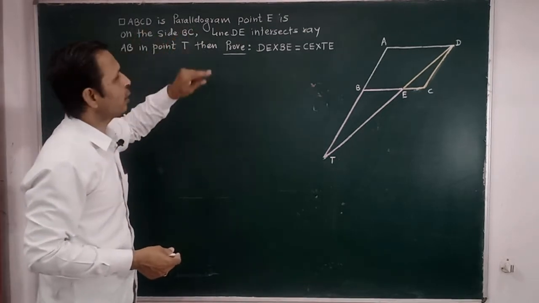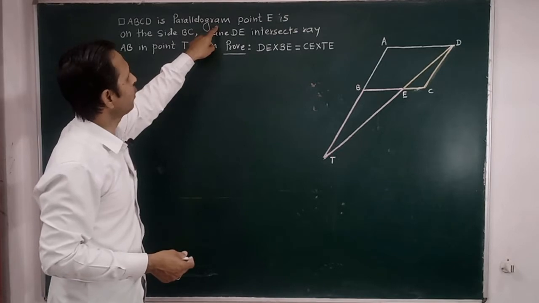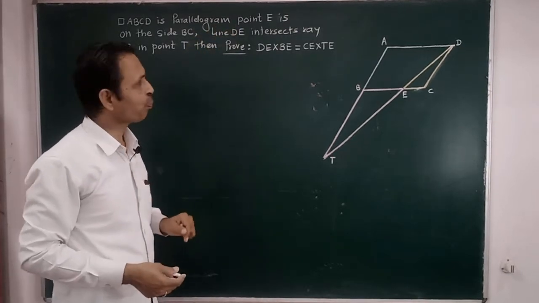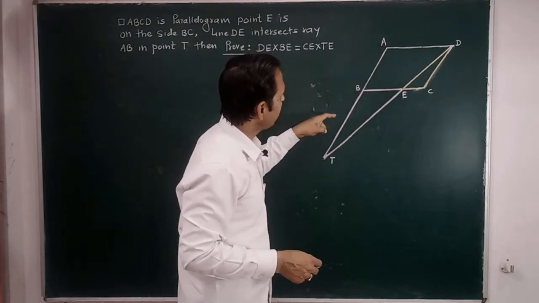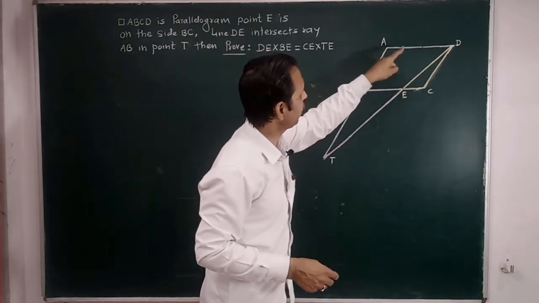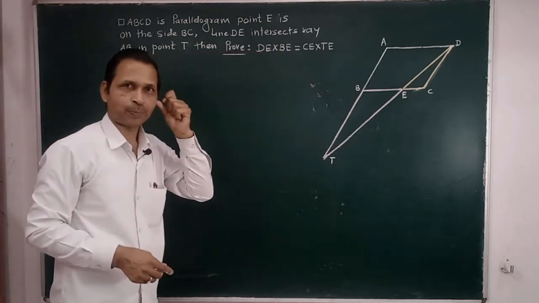quadrilateral ABCD is given as a parallelogram, and we know that in a parallelogram the opposite sides are parallel, and that's why AB is parallel to CD and AD is parallel to BC.